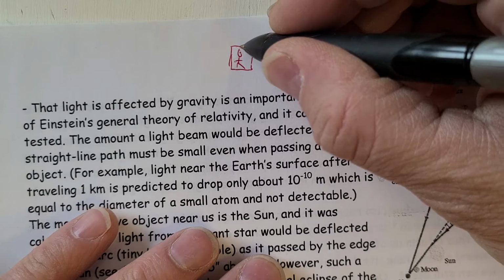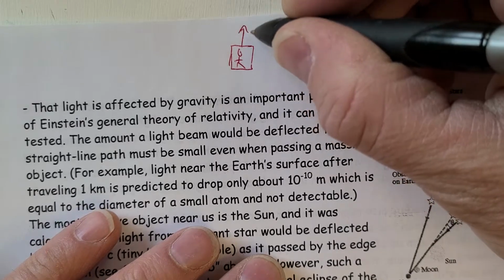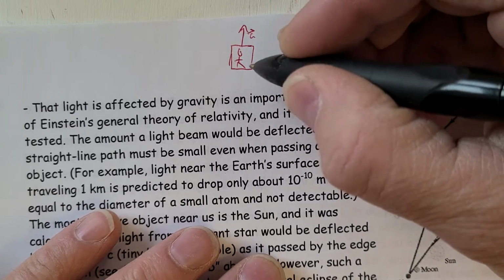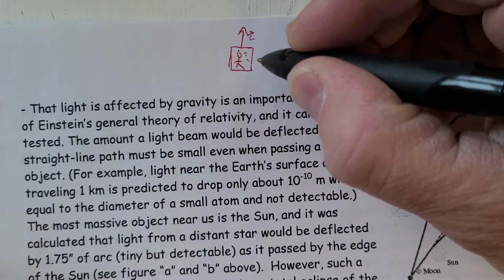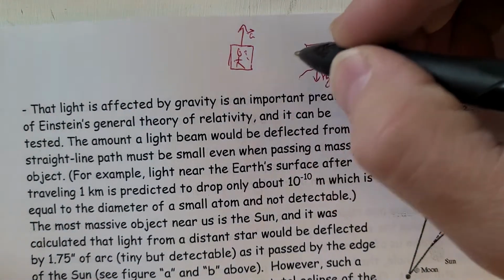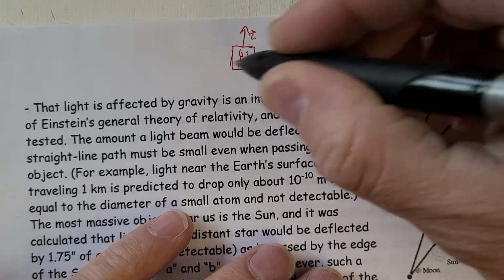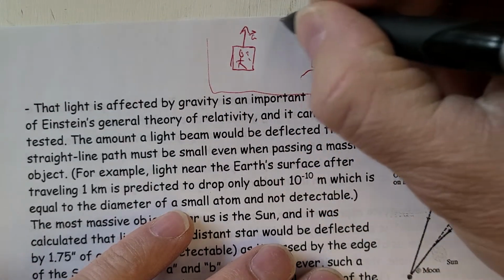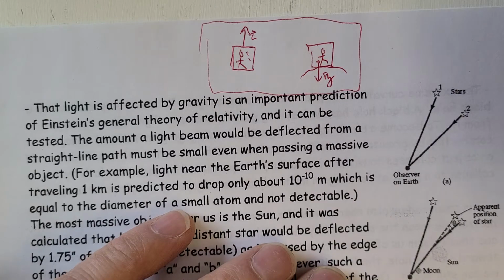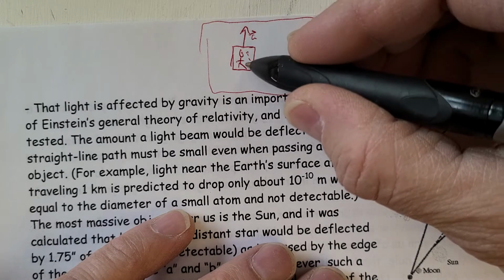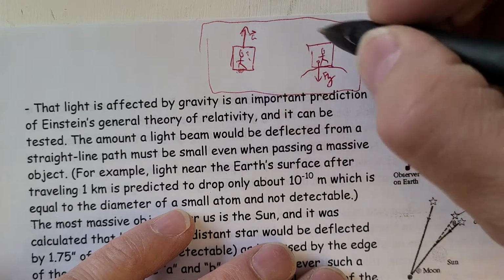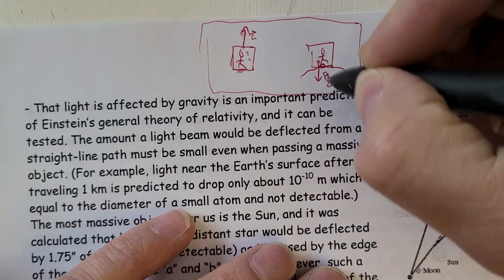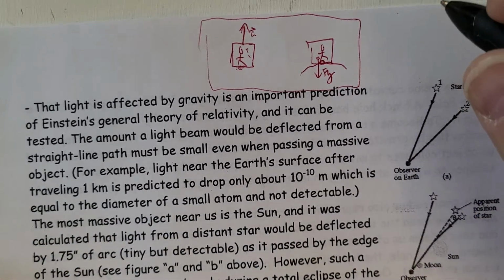But if all of a sudden the elevator just shot up and accelerated upwards, it would be pressing against my feet, and I would swear that I'm being pulled downwards. And as the principle of equivalence suggests, those are identical scenarios. I have no way of determining whether my elevator is accelerating in this direction and I'm feeling something here, or whether I'm feeling something here because I'm on a planet experiencing a downward force.